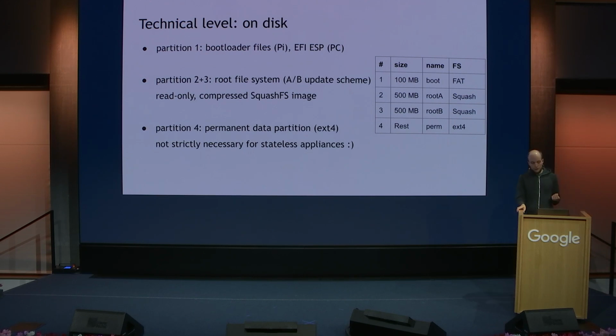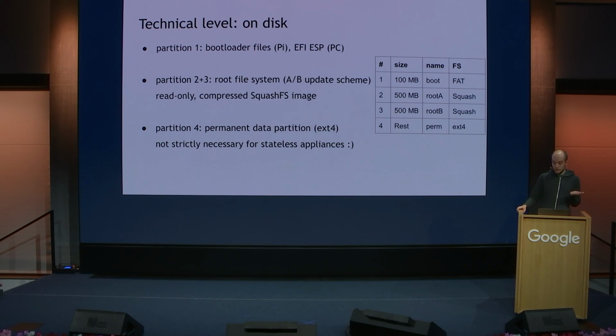The root file system in gokrazy is a read-only compressed squashfs image. And this is important for appliances because in general, in appliances, you want to minimize the state that you have so that whatever storage medium you have in your device will be the most durable. I remember that was an issue many years ago with bad SD cards in the Raspberry Pi or compact flash storage or what have you. So typically, you want to only read and minimize writes.